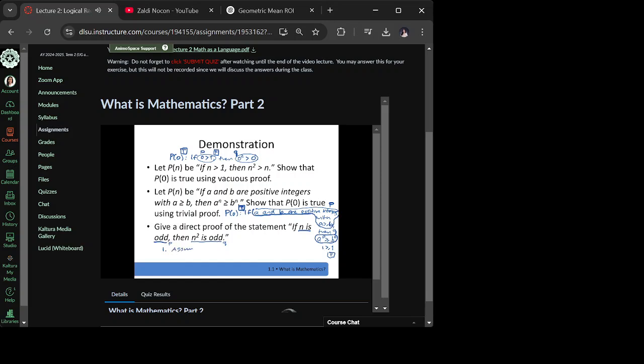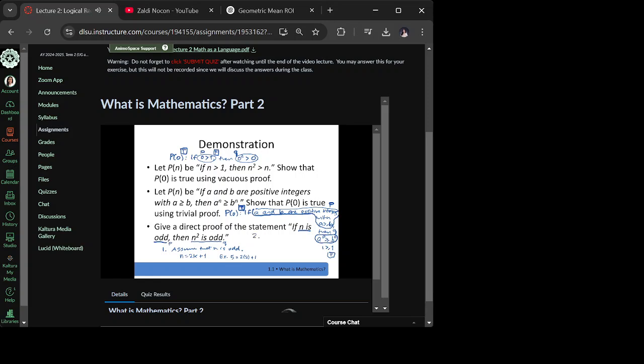Assume that n is odd. We can then write n equals 2k plus 1 for some integer k. All odd numbers look like this. For example, 5 can be written as 2 times 2 plus 1.